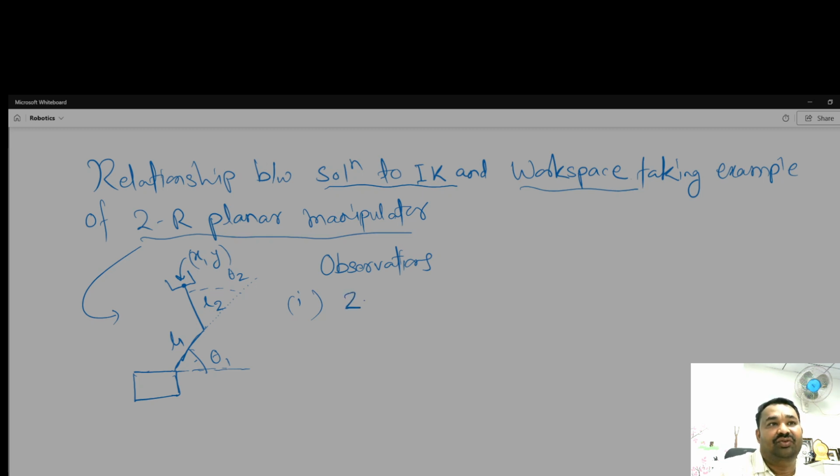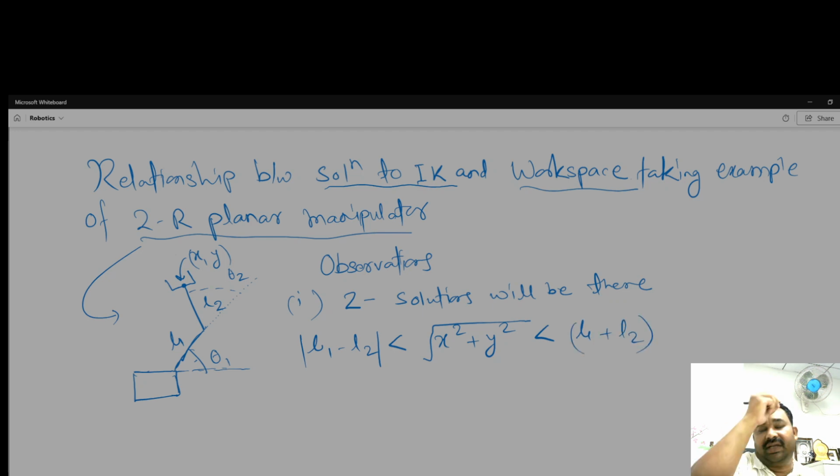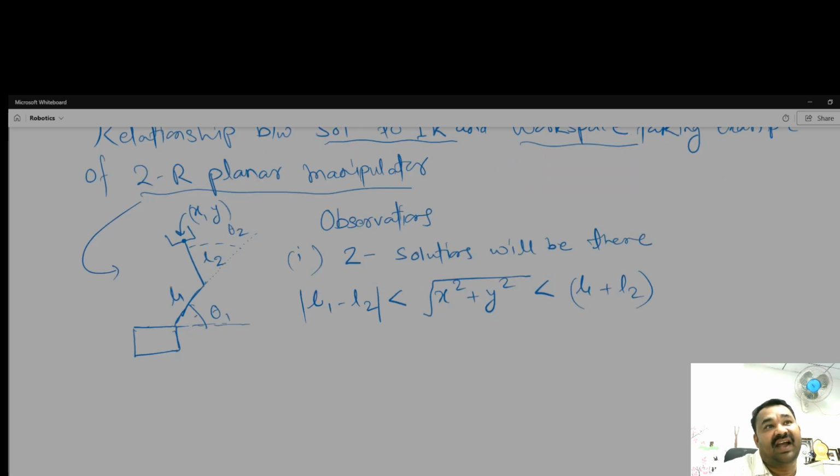When will there be two solutions? In the case where the square root of x squared plus y squared is greater than the modulus of L1 minus L2 and less than L1 plus L2. If this condition is satisfied, there will be two solutions. That means the end effector can reach the same goal point in two ways, like elbow up and elbow down, as we have discussed.